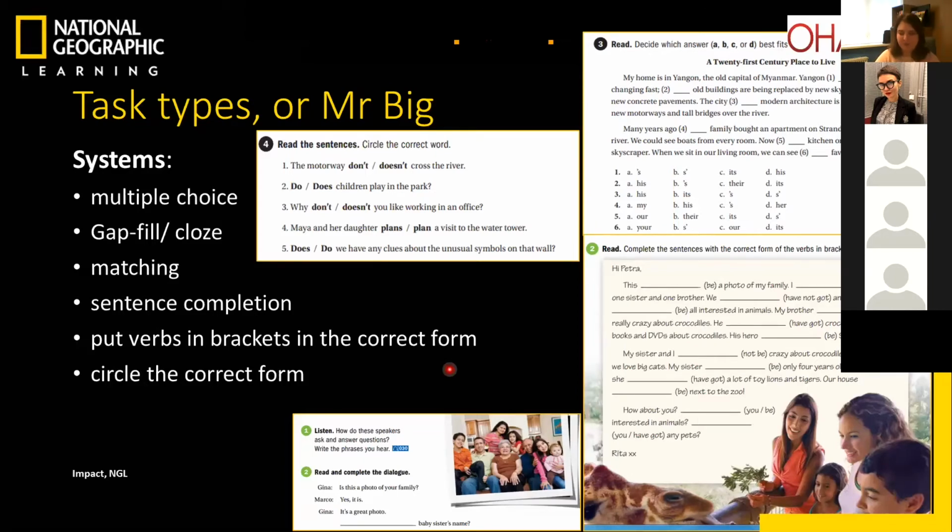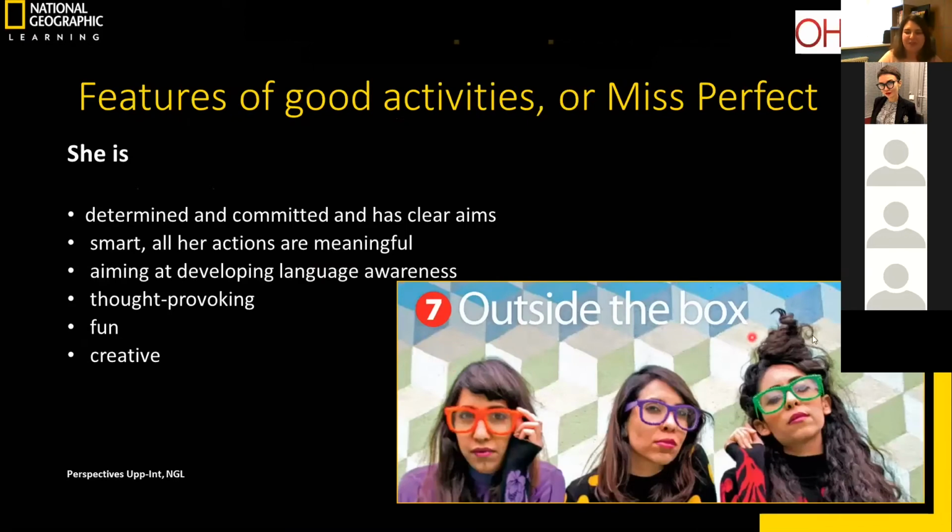But as we're talking about marriage, or traditional marriage, there should be a woman. And the woman is Miss Perfect. You can see a photo of 3 of them as an example. In our context, Miss Perfect is features of good activities.